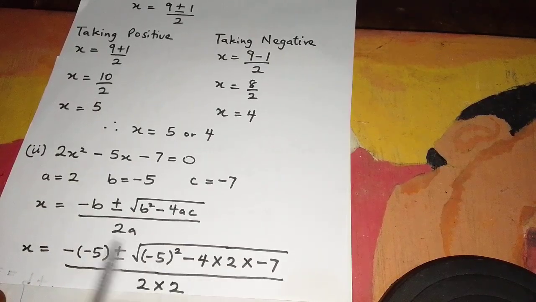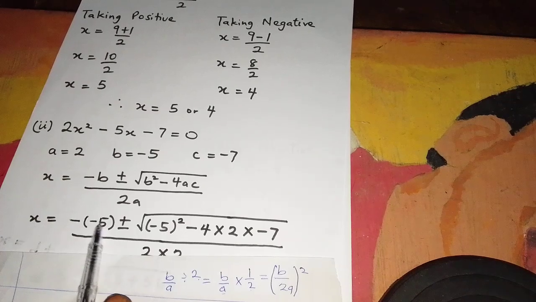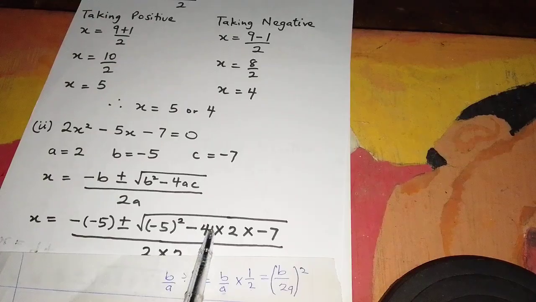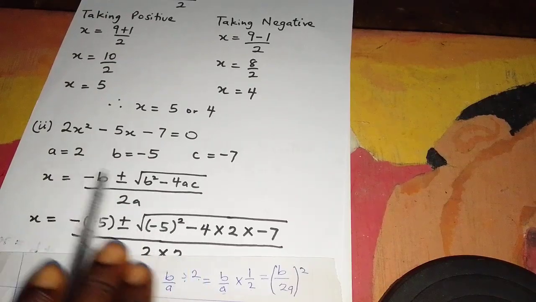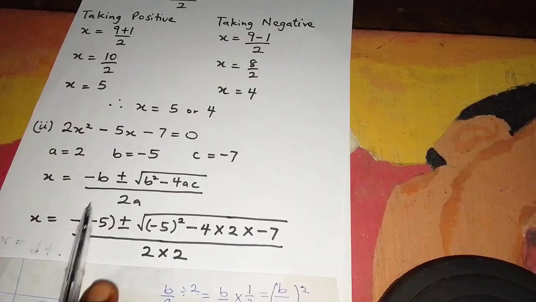So when you substitute, you have a minus here. Minus is there already. Then x, b is what? Minus 5. Then plus or minus the square root. b squared is minus 5 squared minus 4 times our a is 2 times our c is minus 7, all over 2 times a is 2.